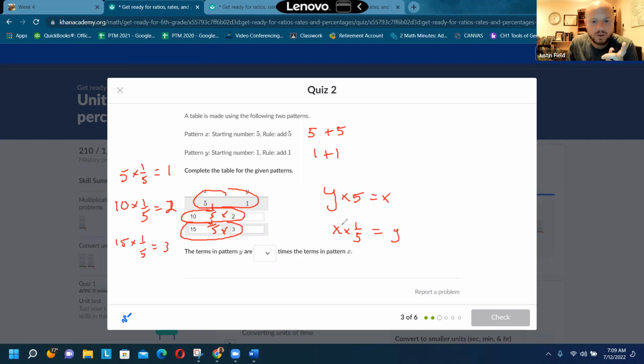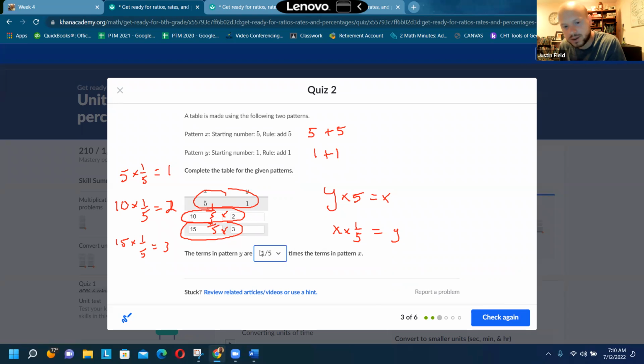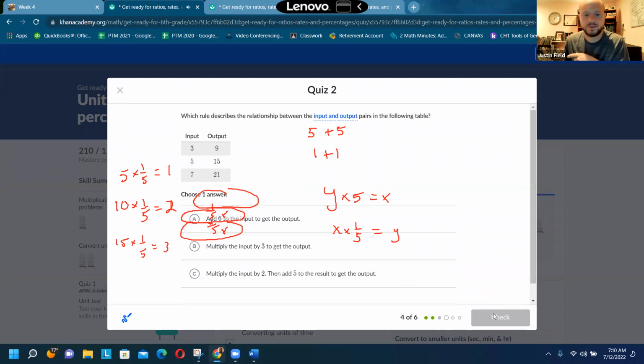So the terms in y are multiplied by 5 to get x. But the other way, the terms in y are 1/5 of the terms in x. The terms in y are the smaller numbers, so they are 1/5 times the terms that way. Sorry about that.